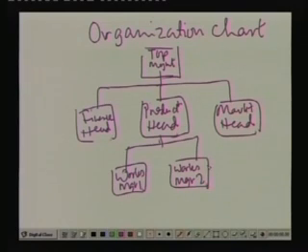It is a very simplified organization chart, a very simple one, where we can see that we have the top management and just three broad heads I have identified: the financial head, the production head and the marketing head.